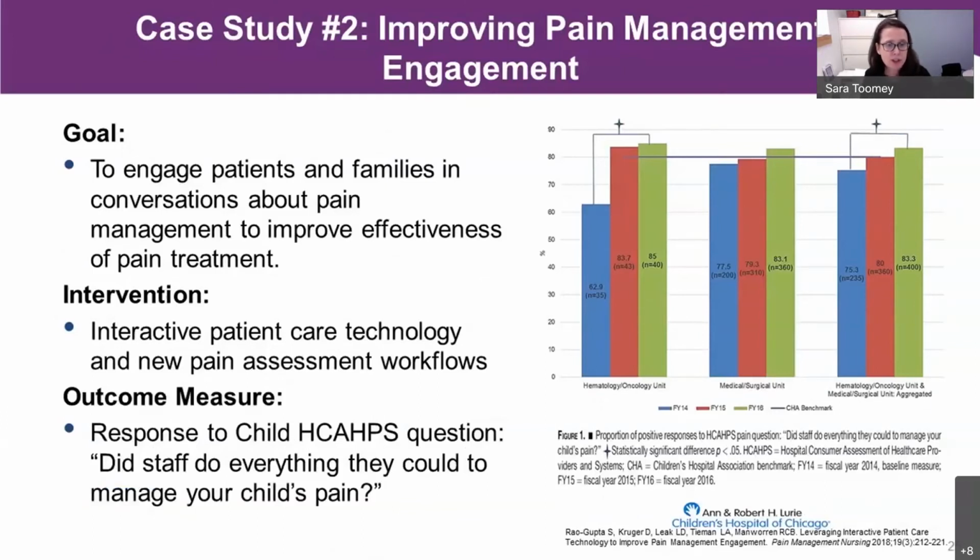The outcome measure they used was response to the Child HCAHPS question of, did staff do everything they could to manage your child's pain? What you can see here again is that they were able to make meaningful improvement through these interventions, again demonstrating that Child HCAHPS not only can measure meaningful aspects of the inpatient pediatric care experience, but also can drive change and lead to improvement.